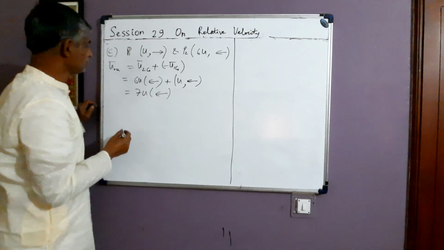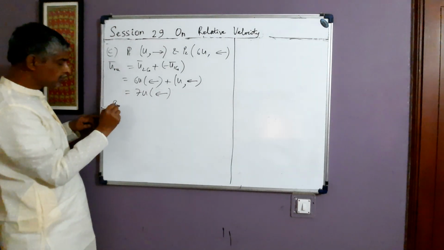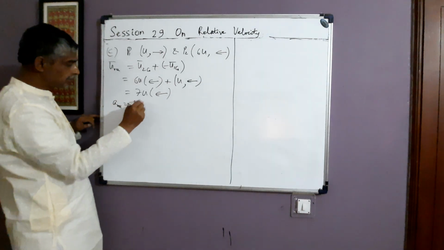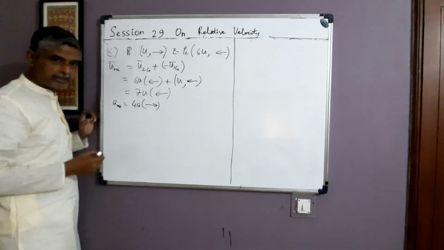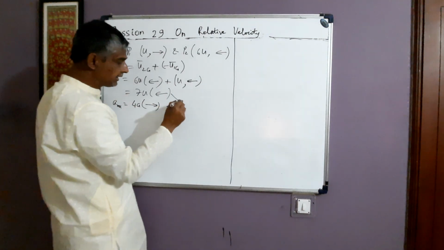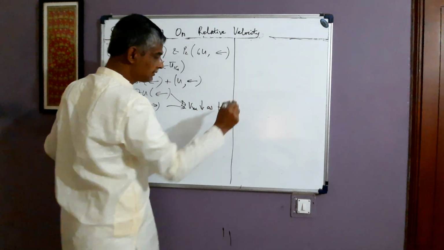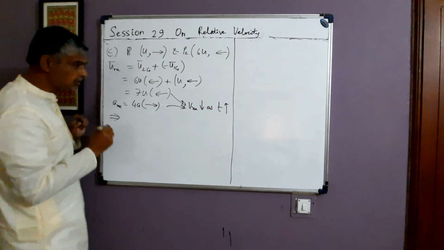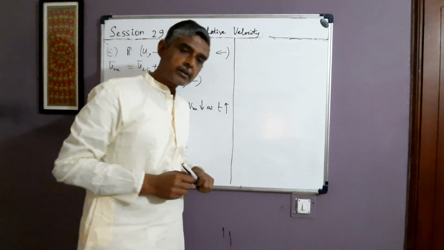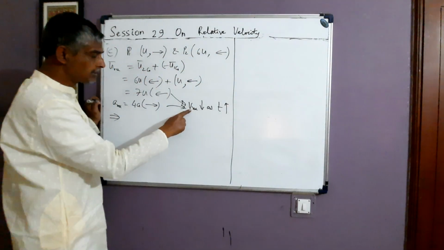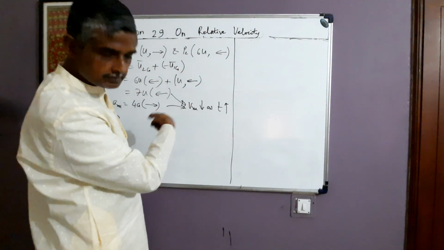This is u relative. And a relative is how much? 4a rightward. So they are again in opposite directions. Since they are in opposite directions, this implies V relative decreases as time passes by. So this means again two subcases arise. The first subcase is that V relative becomes 0 before P2 reaches P1.